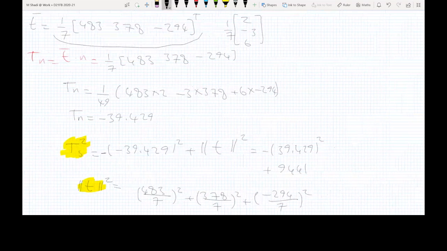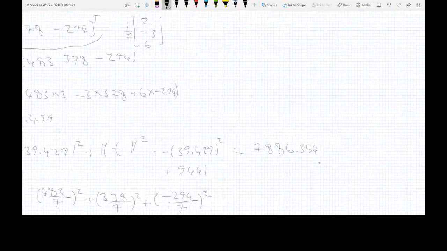We will have a value for Ts. 354. So this is Ts squared. Can you give me the square root? 81, and this is in megapascal, and this is the answer for the shear.